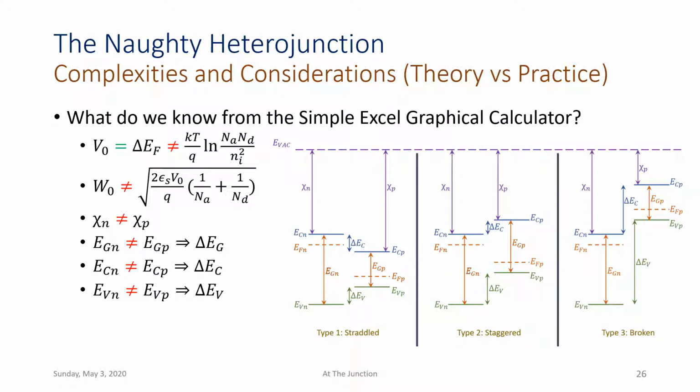So the band gap on the left side is not equal to the band gap on the right side, and therefore there is a delta E sub G. Same with the conduction bands and the valence bands. The conduction band and the valence bands on the left side are not at the same levels as that of the right-hand side, causing delta E sub C and delta E sub V.